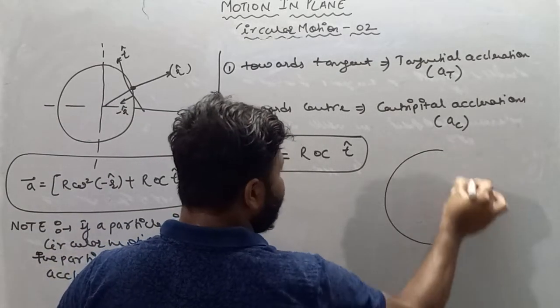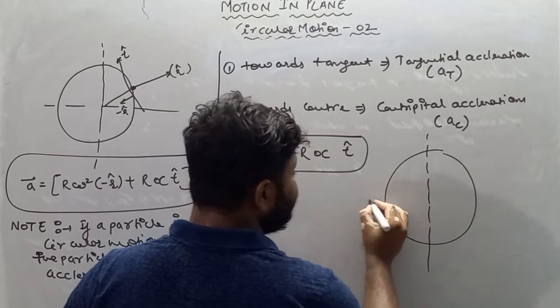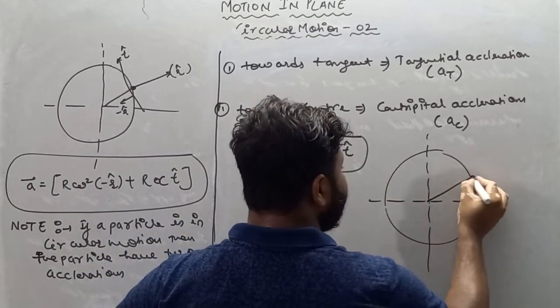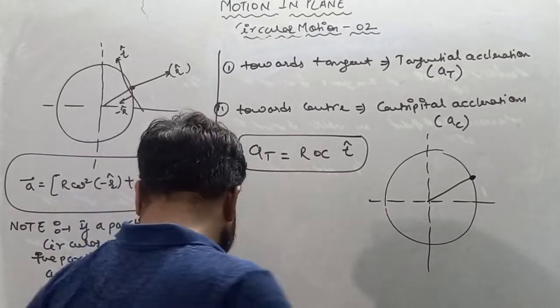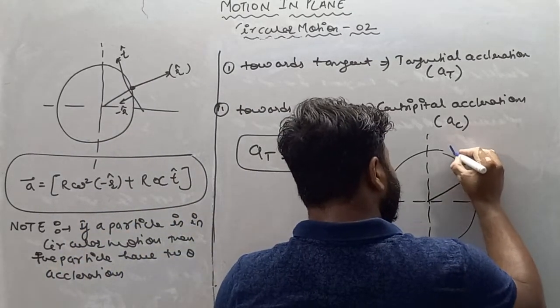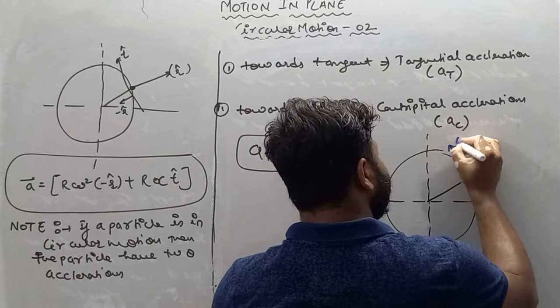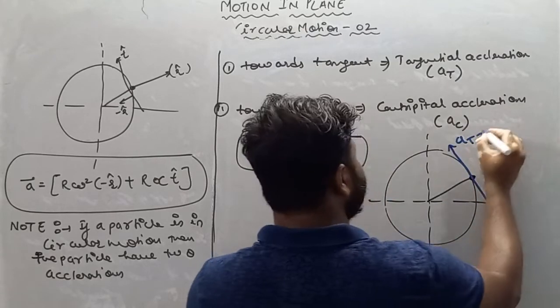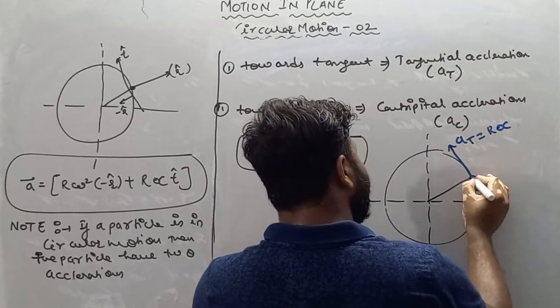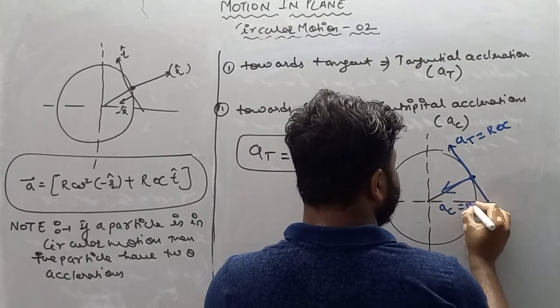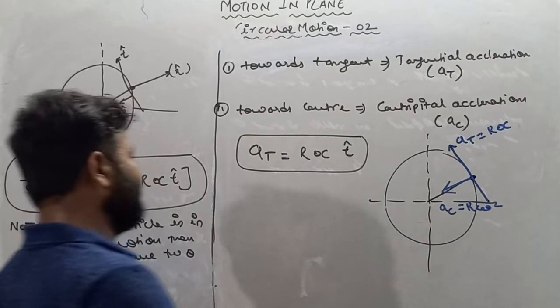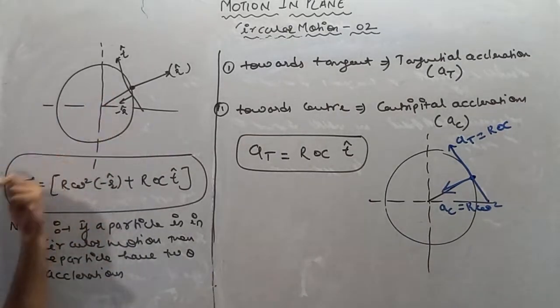One is towards tangent, called tangential acceleration, and it is r alpha, and one is towards center, called centripetal acceleration, it is r omega square.